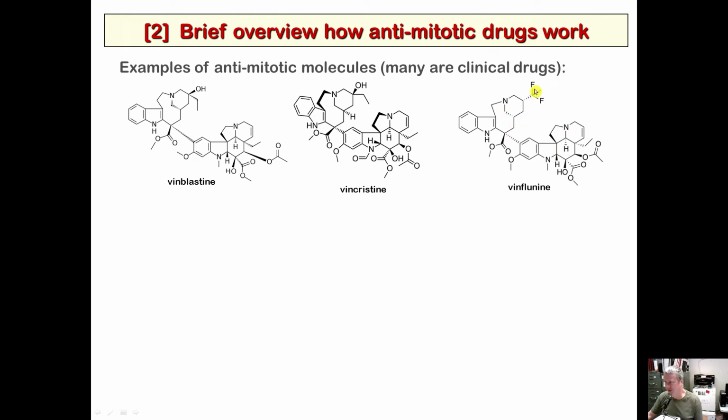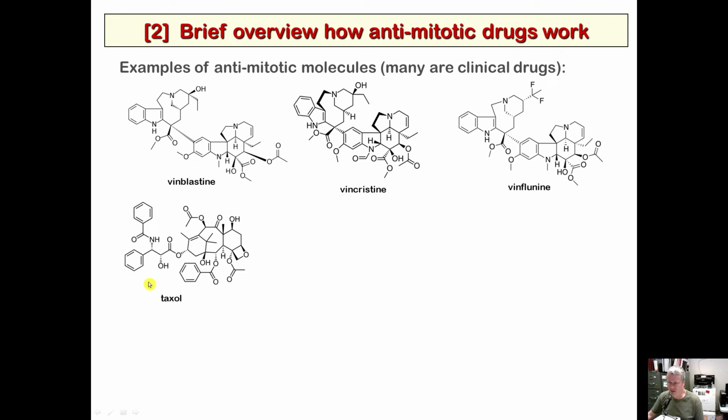I think this one with the difluoride is probably man-made, maybe to enhance bioavailability or something like that. I don't think that nature produces difluorides, but humans do, and we often do that to enhance pharmacokinetics and stuff like that.